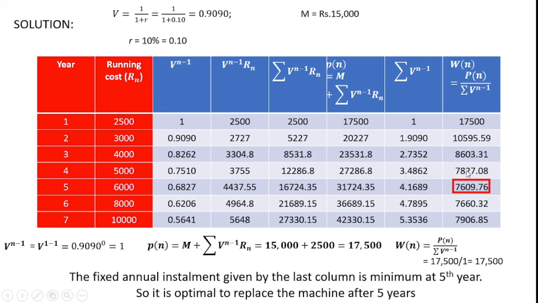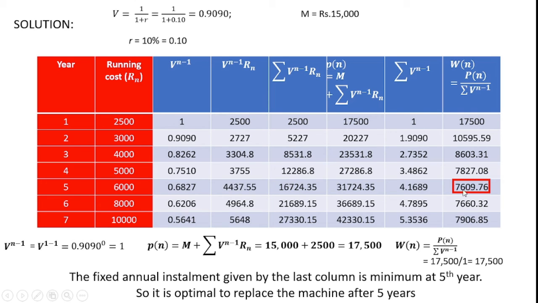Why did I mark it in red color? You can see the fourth year is 7,827 and the fifth year is 7,609. After that the sixth year is 7,660.32.